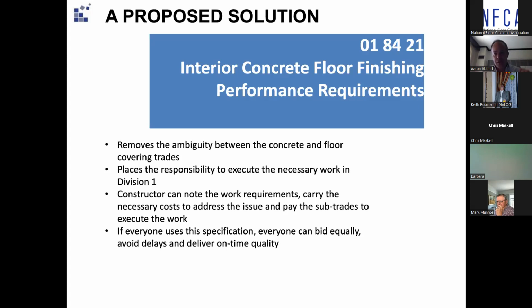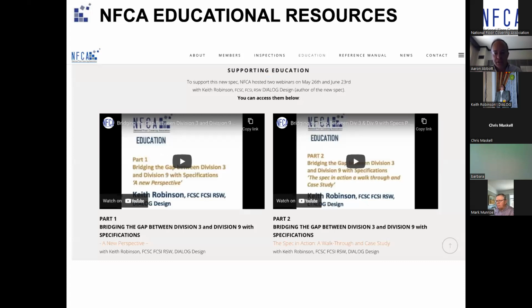And this is available on the NFCA website. And there are also some educational webinars that have been pre-recorded that are available from YouTube. So at this point, I'll hand it back to Chris to talk a little bit more about what's available here and what that Division 1 spec is.